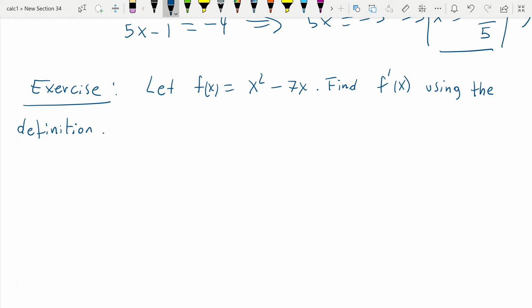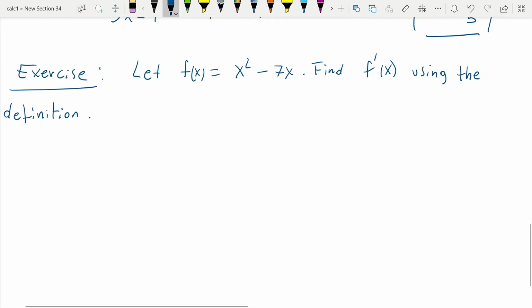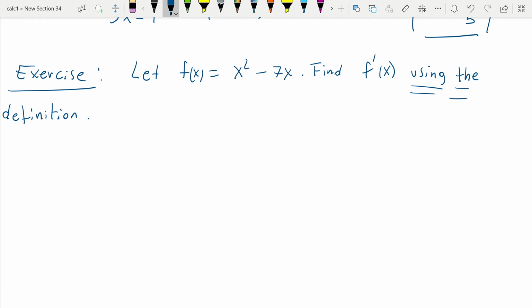And here, when we say using the definition, we mean computing the actual limit that allows you to find the derivative, not the rules of differentiation that tell you immediately what the derivatives are for power functions. So the power rule cannot be applied, and other rules cannot be applied either. We're explicitly asking you to find f prime using the definition.